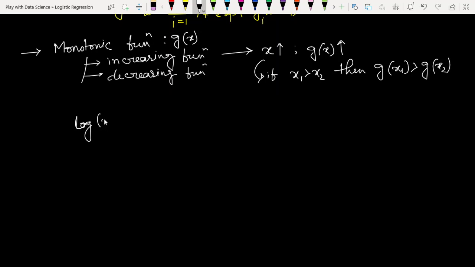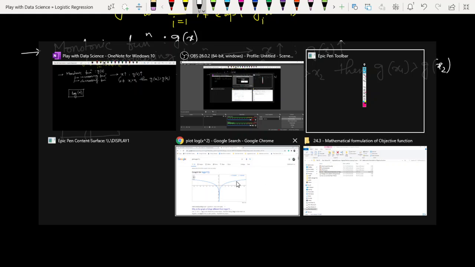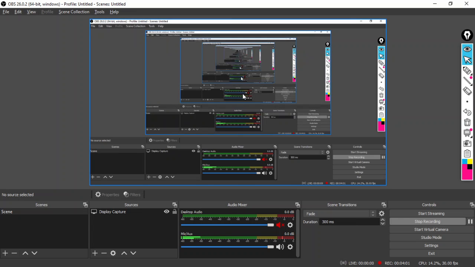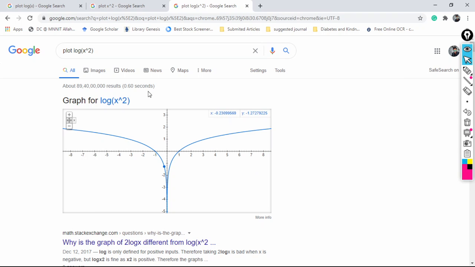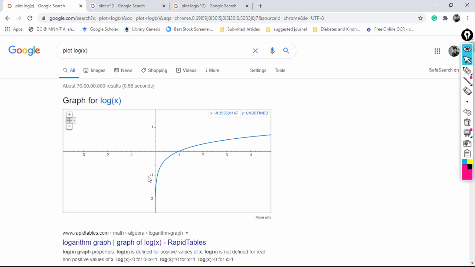I think you have all heard about log. Just see this graph. This is our log x function. This axis is our x axis.